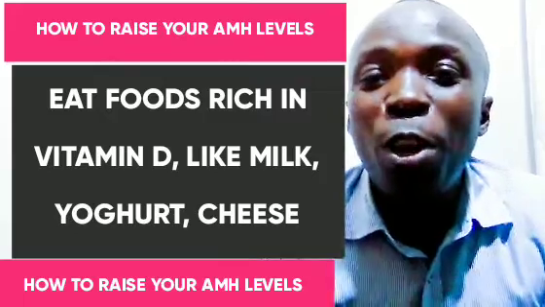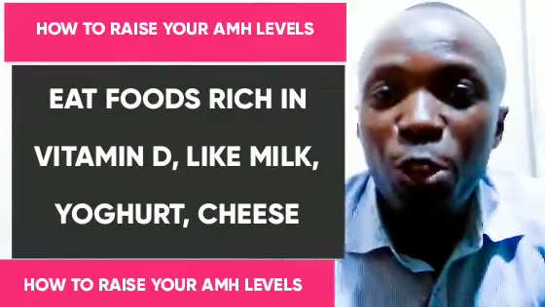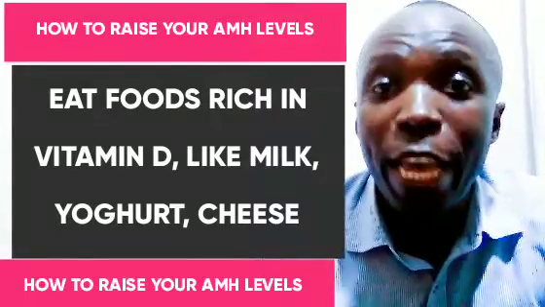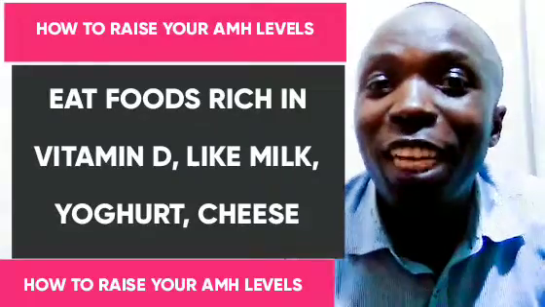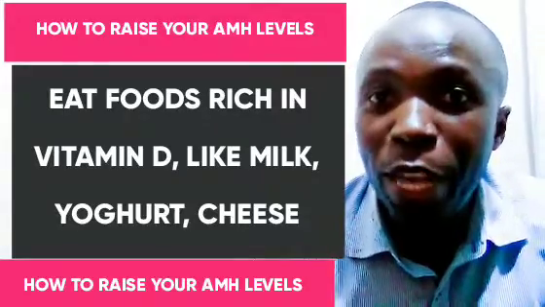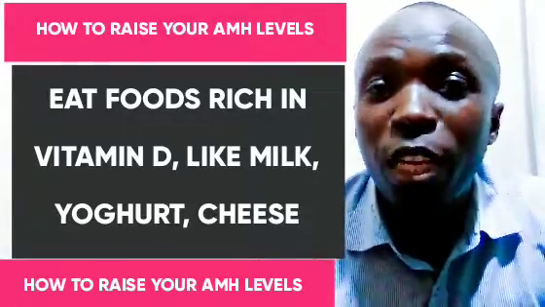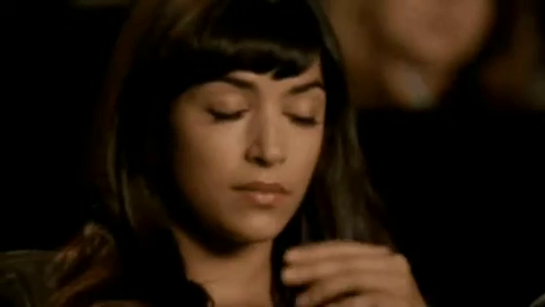We are going to talk about how you can increase your AMH levels. You have just done the AMH test and it is showing that your levels are very low. Remember, AMH means your anti-Mullerian hormone. The normal is supposed to be between 2 up to 7 mg per mil.